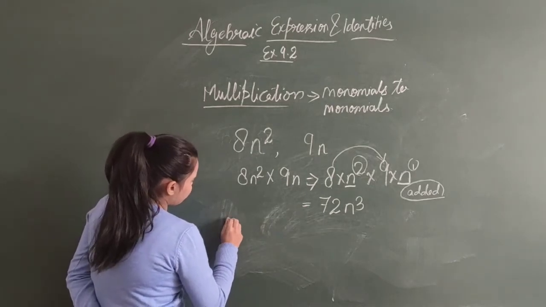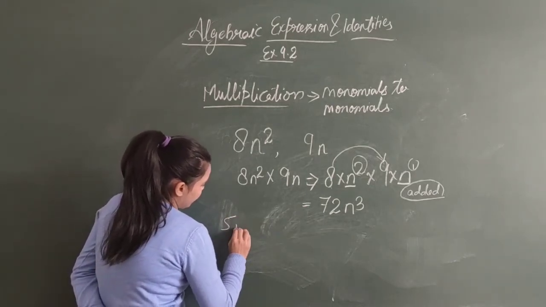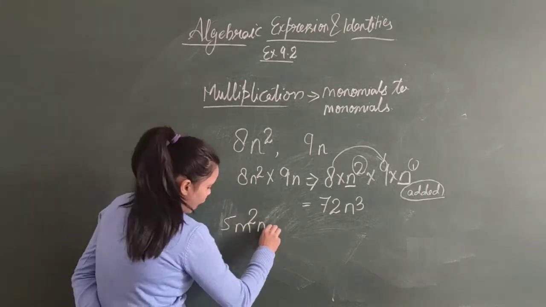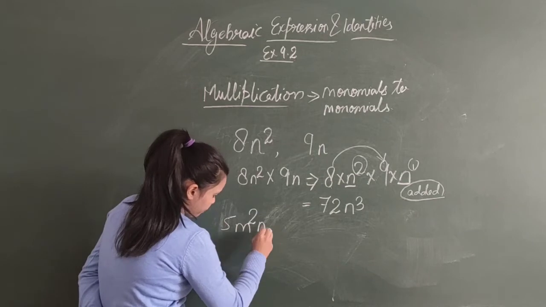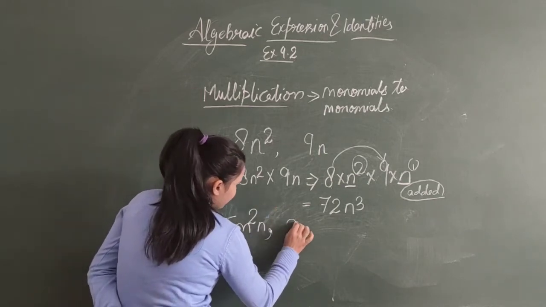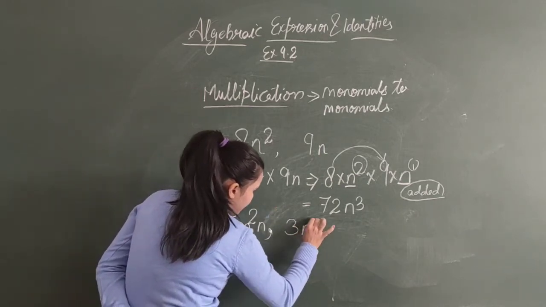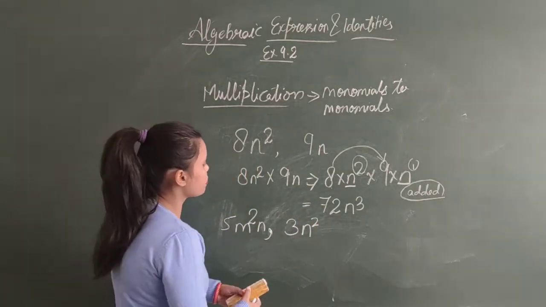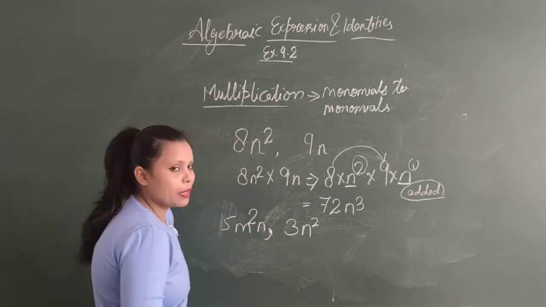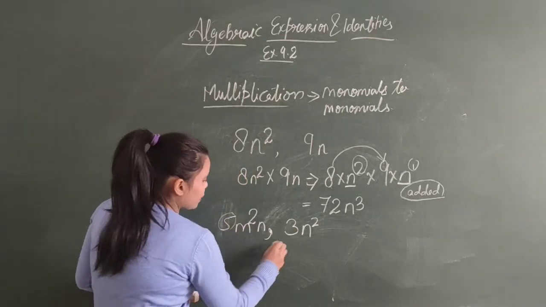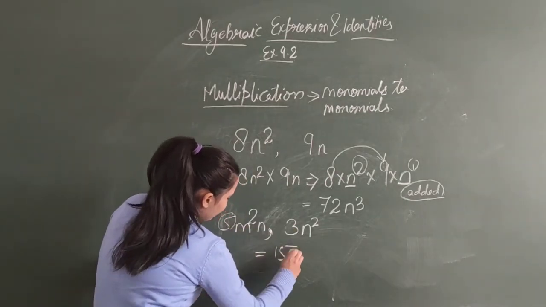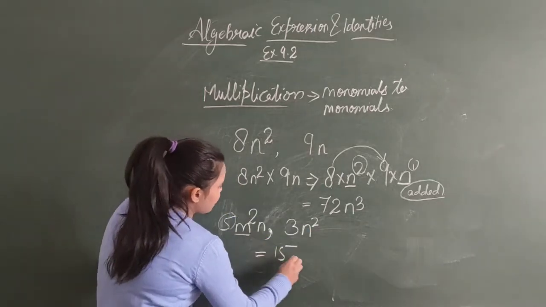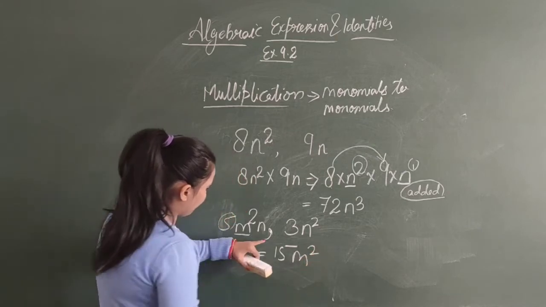Let's take another example to understand this. It is given 5m square n and 3n square. We need to multiply both these terms. So what we will do? We will multiply 5 and 3. It will give you 15. m square, there is no m here, so it will remain the same, m square.